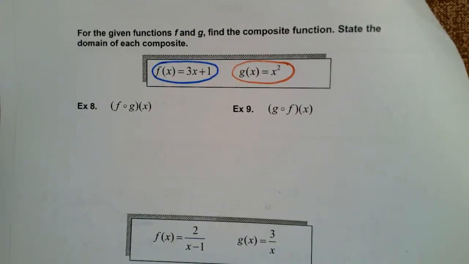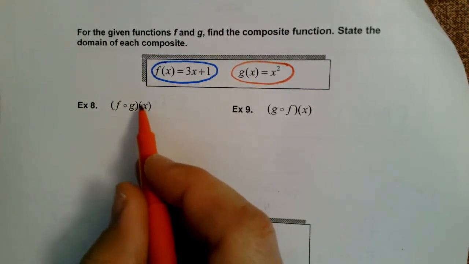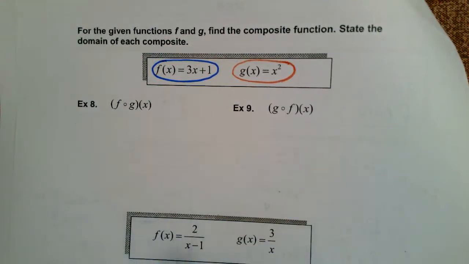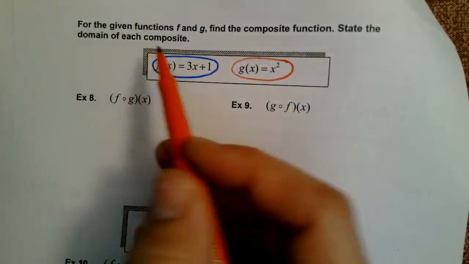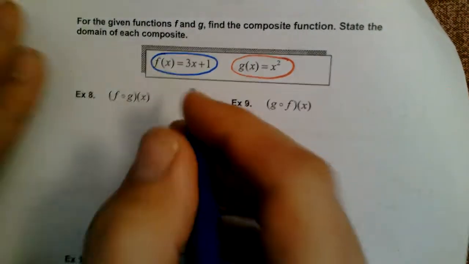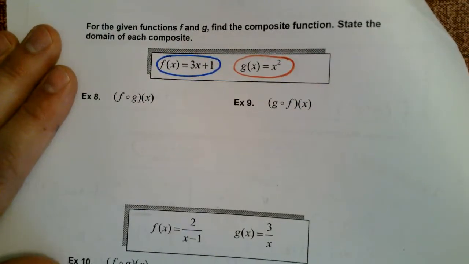Well, they want us to find f of g of x. Now, this time I have an x there, so my answer is going to have an x in it. They also want us to find the domain of this final composite function. So to do that, I always make sure I know the domain of the original functions.